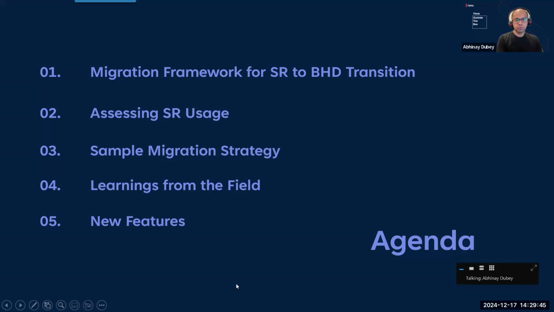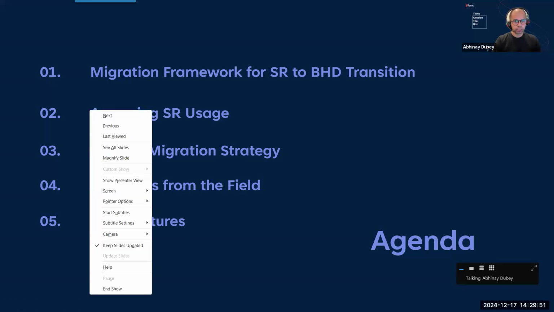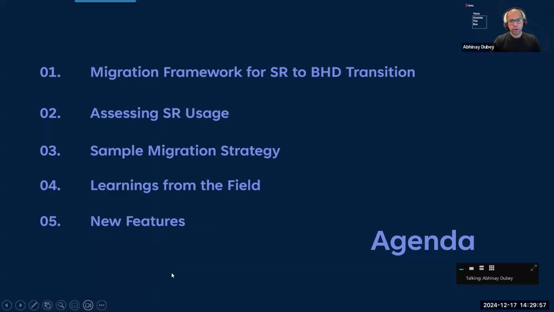So it's one of the most important aspects when you are planning this migration. So we'll look at it in more details. We'll put together everything in a sample migration strategy, followed by a few learnings from the field. We have worked with a lot of customers who have gone through this journey, so we'll talk about some of those learnings. And finally, a few new features which are going to affect this migration effort.